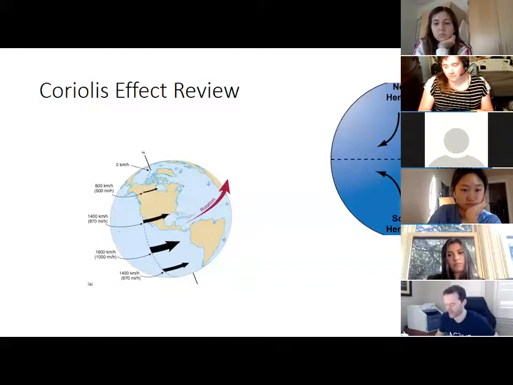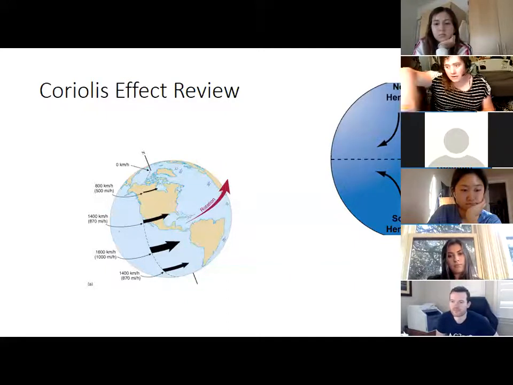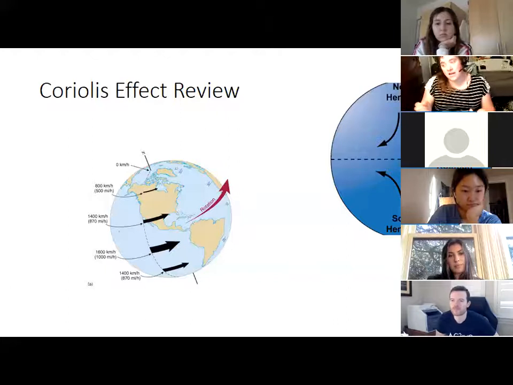Okay, that makes sense. Yep, precisely. Bullets don't usually get affected by it because they don't travel long enough for the latitude difference to be noticeable. But hypothetically, yes. Okay, cool. Thank you.